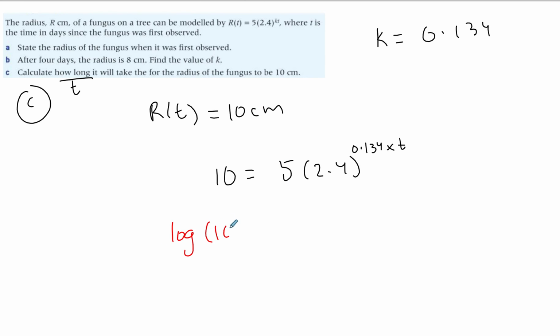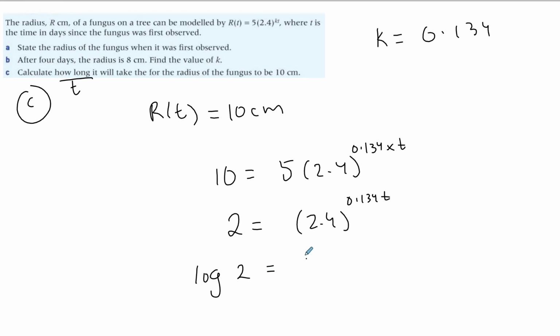I'm not going to go through the details, so hopefully you can follow through what's happening. I made the first mistake, which is I first need to simplify the 5. So 10 divided by 5, that will give me a 2. So I have 2 equals 2.4 to the power of 0.134t, and then I can apply the log.